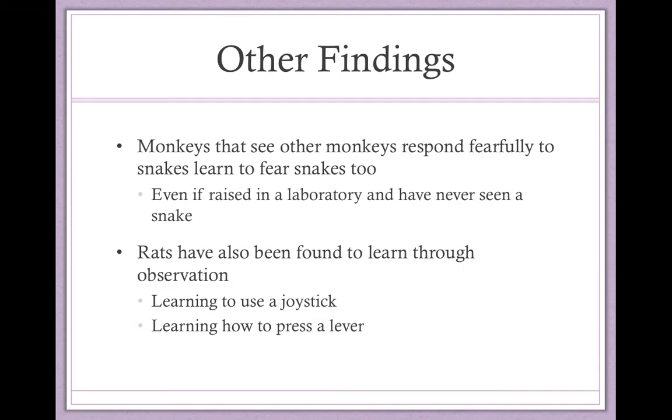And then the rat comes up and does it that direction to get food and is correct. Or they watch another rat press a lever to get food, and then they know how to press that lever. They learn both of these a lot faster than rats that have not observed another being doing this.